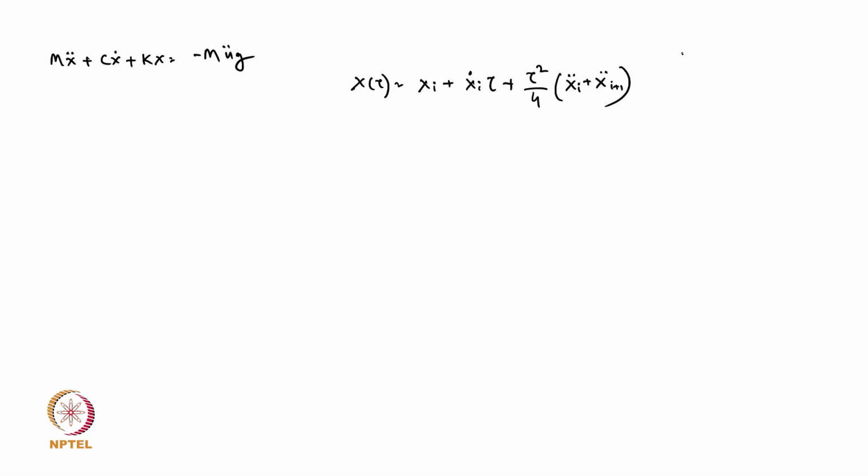So this is my ith step and this is my I plus 1th step. In between, how the displacement is changing, this is the solution of that. Agreed? From the average acceleration. Very good.